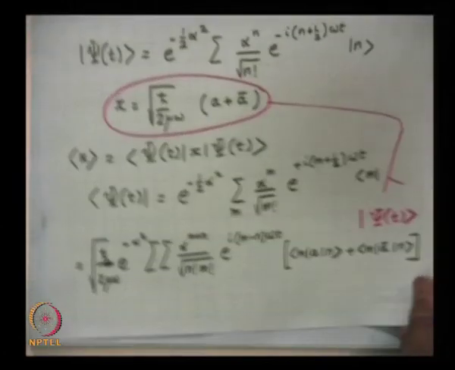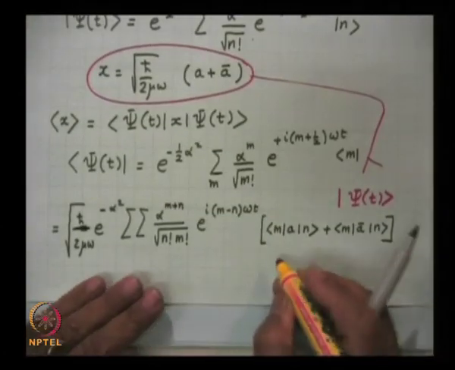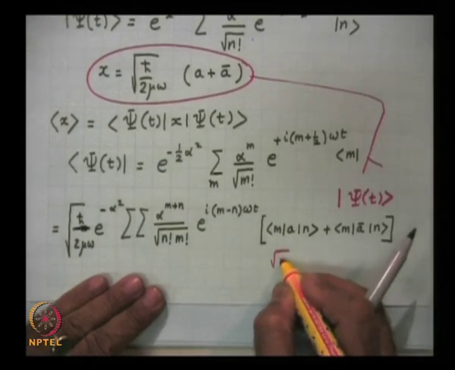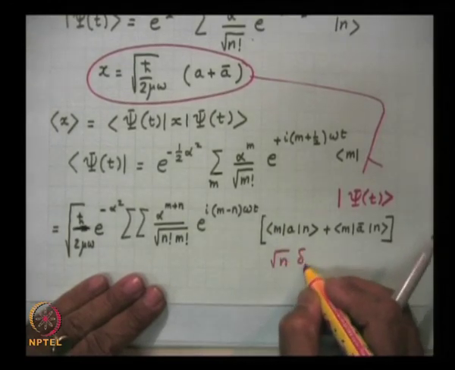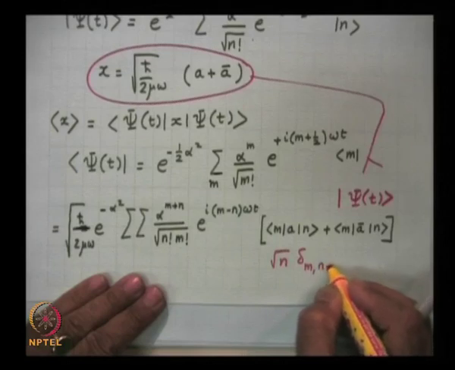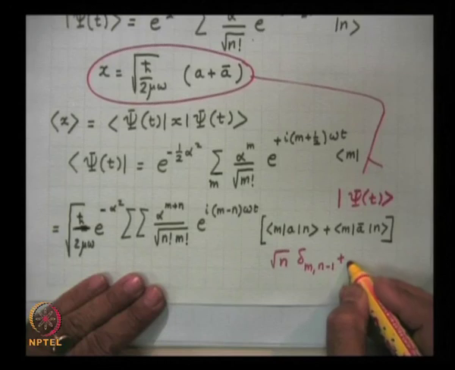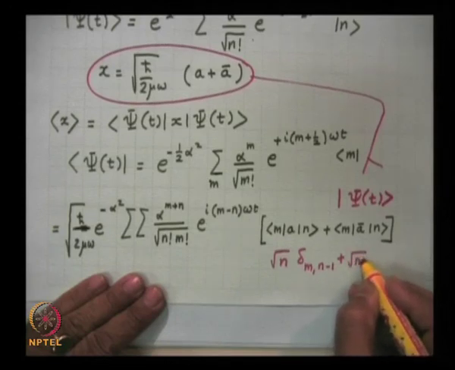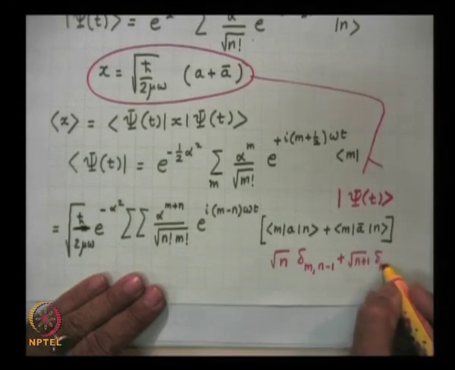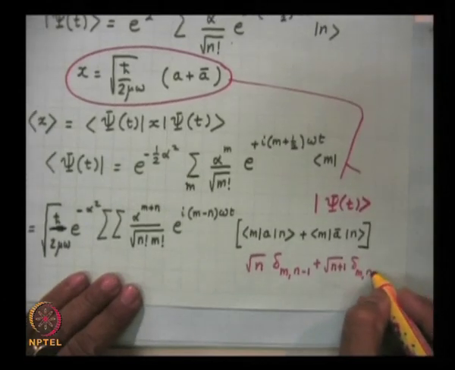So, this will be square root of n delta of m comma n minus 1, and this term will be plus square root of n plus 1 delta of m comma n plus 1.